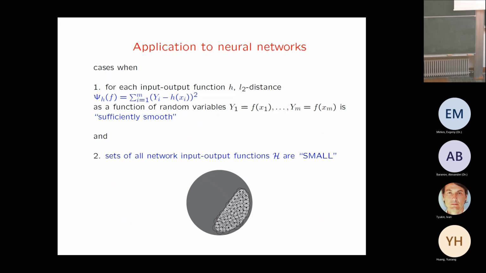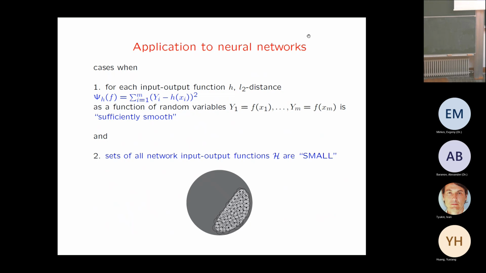Another thing is that I will use results that show that in many cases, for many types of feed-forward networks, in particular multi-layer perceptron networks, in other words deep, the sets are relatively small. They grow only polynomially with this m, which is the size of the finite domain.